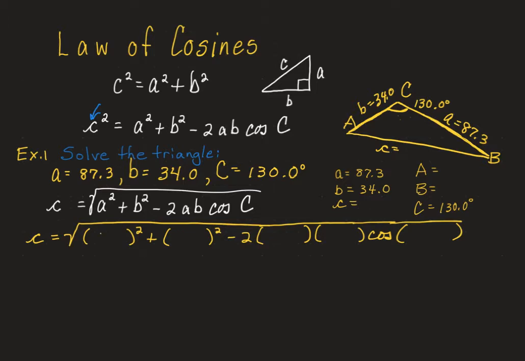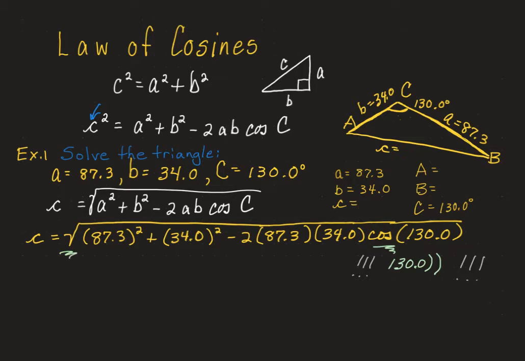So a is 87.3, b is 34.0. a shows up again in the formula. 2 times a times b times the cosine of C. Please remember that's minus 2 times a times b times the cosine of C. As you're using your TI-89, please remember at the end that after you type in 130.0, you have to close the parenthesis for the cosine, but then you also have to close the parenthesis for the square root.